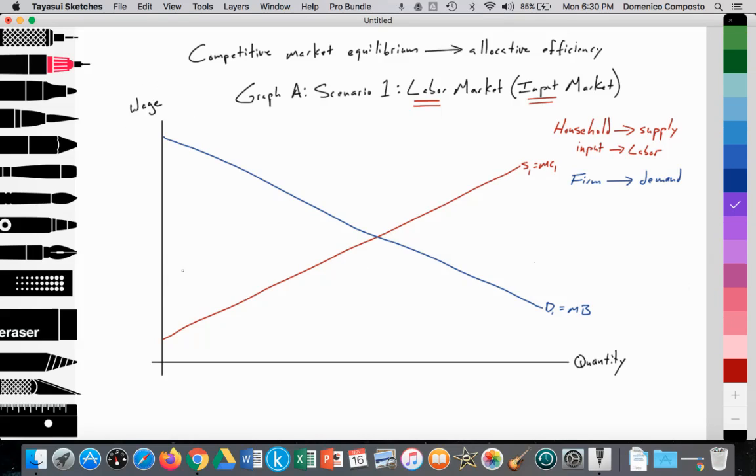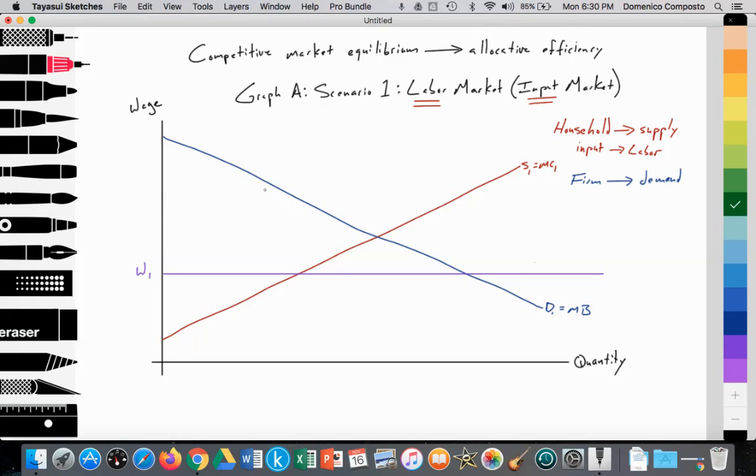What happens when wage is too low? So let's create a hypothetical situation where wage is below what the free market equilibrium should be. So we'll call this wage 1. And at low wage, we see that there's a significant increase in the quantity demanded by firms.